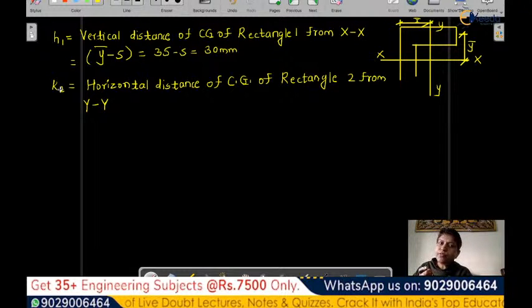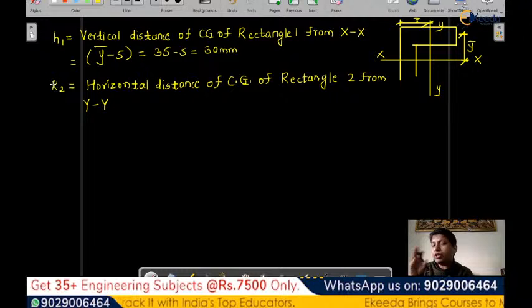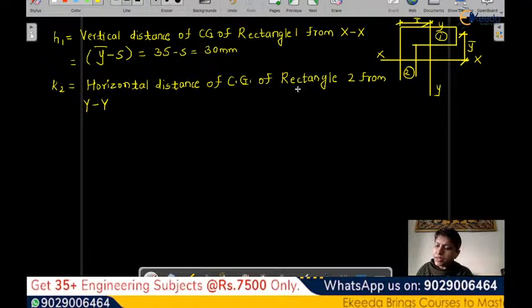K is a horizontal distance from the y axis, H is a vertical distance from the x axis. K1 and K2 are with respect to a particular member. There are two members here, member 1 and member 2. So K2 is the horizontal distance of CG of rectangle 2 from the YY axis.